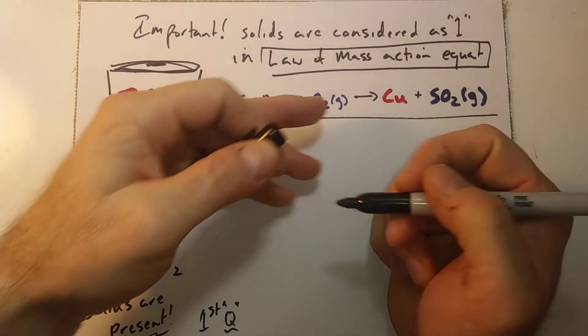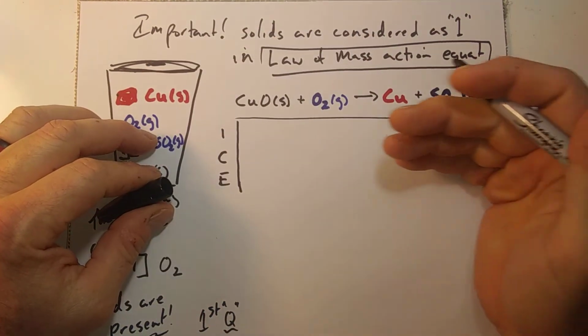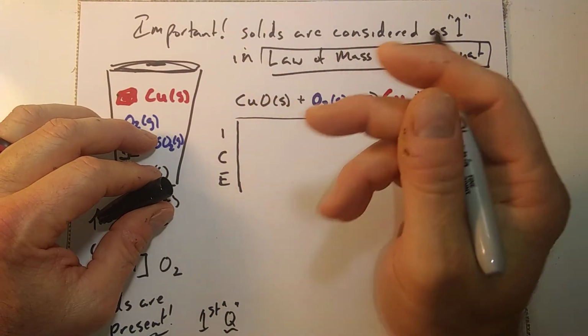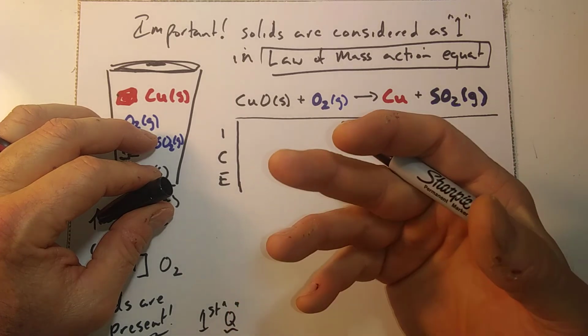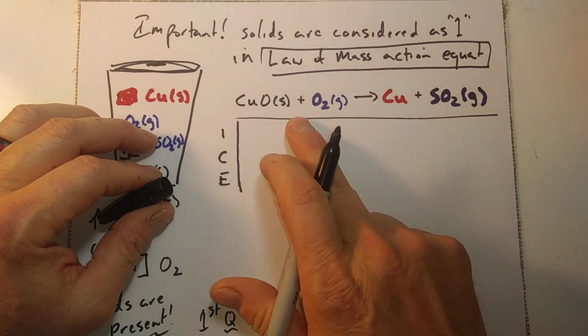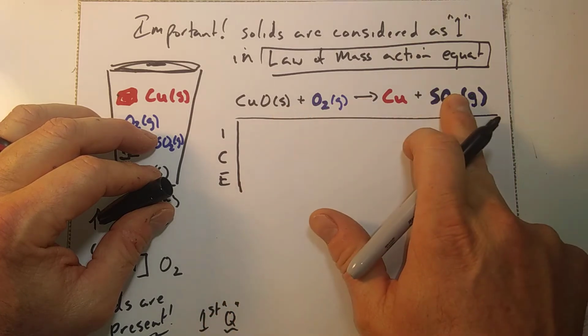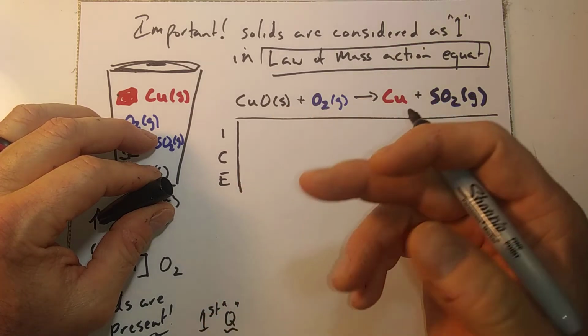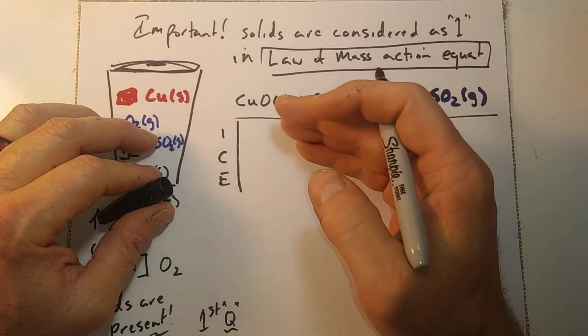Is it going to go towards product, or is it directed towards reagent? And so what you do is you find Q, and you see how that compares to K. If Q is much lower than K, you go to the right. If Q is much higher, then you have too much product, and you're going to go to the left.